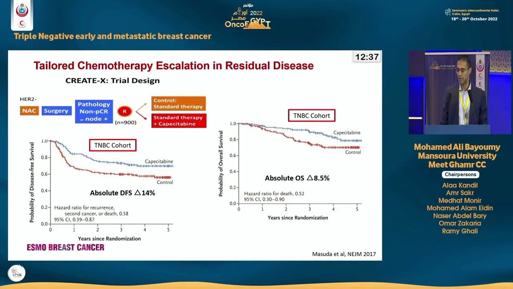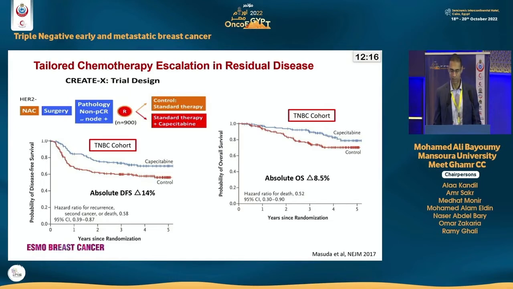I know that all my professors and colleagues know about this study, the tailored chemotherapy escalation in residual disease for HER2-negative breast cancer patients, which is the CREATE-X study. It randomized patients after surgery who did not achieve PCR to receive capecitabine or not.